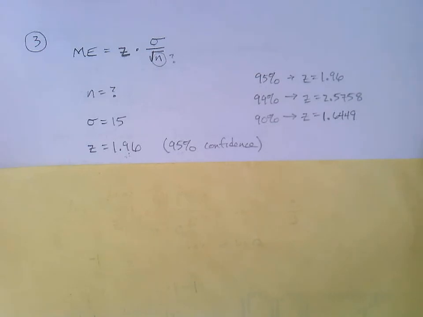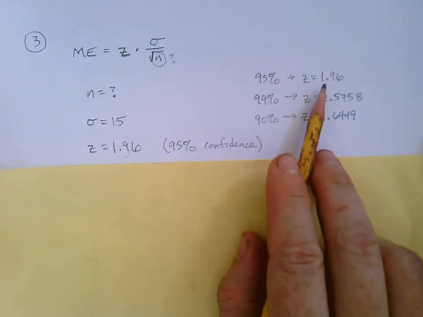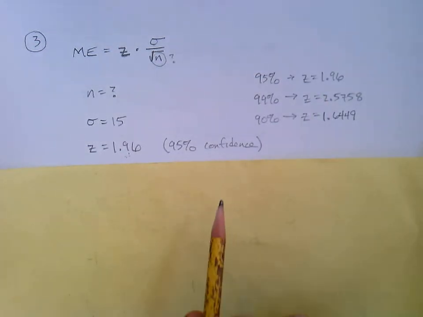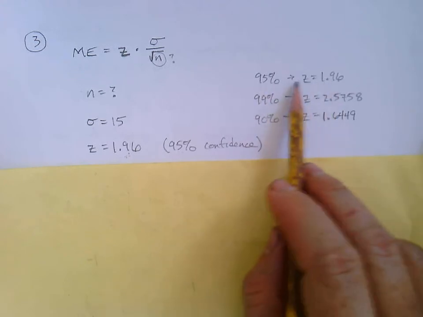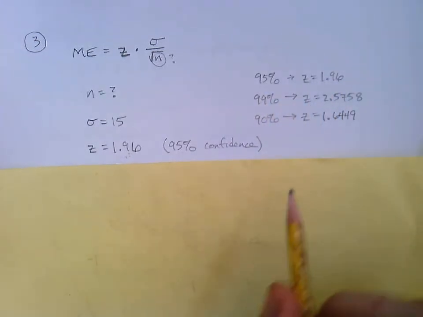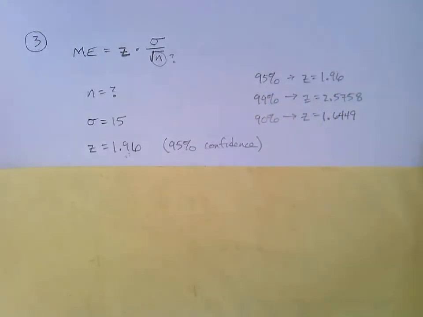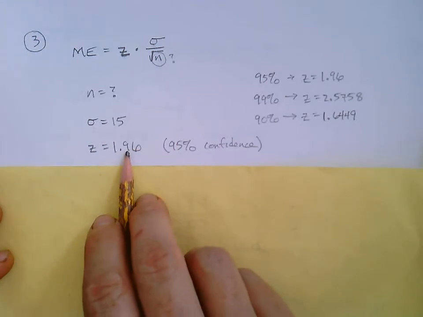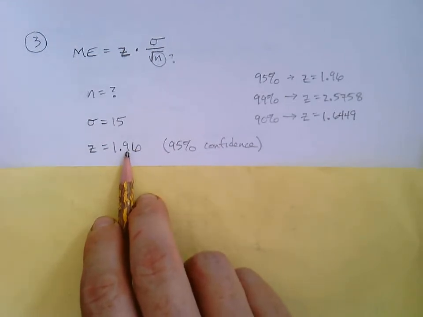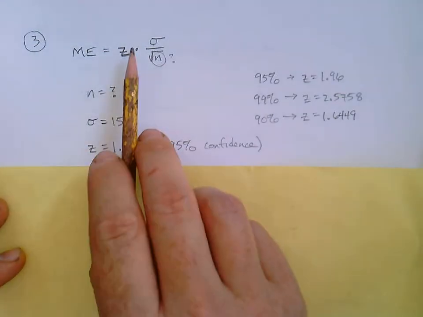And so some students choose to just remember them. But if you were to remember just one, remember the 95%. And of course, you could find them all in the calculator as well. Okay, so I'm not going to show the work here because that would be using the calculator backwards, or you could just know it's 1.96, so that's what we'll plug in for z.